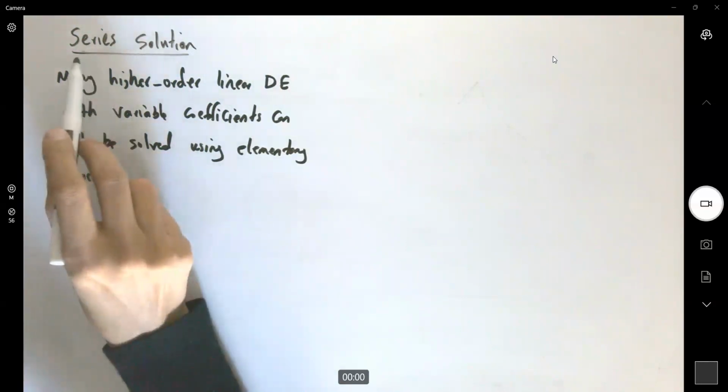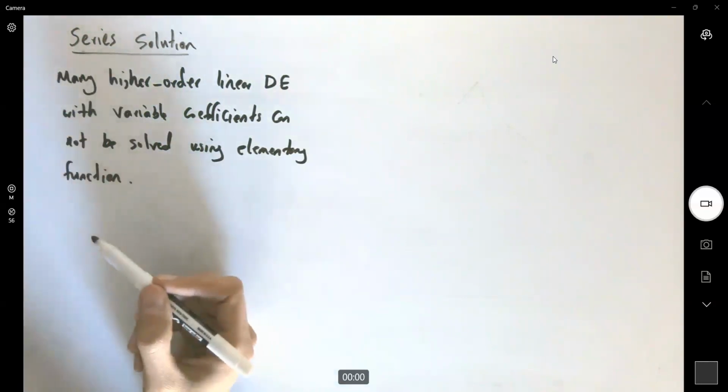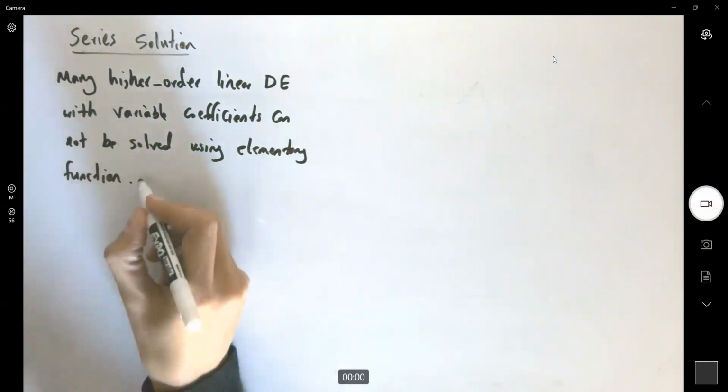That's where we use series to solve those differential equations.